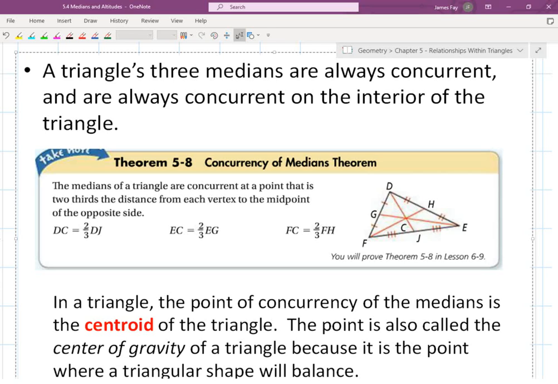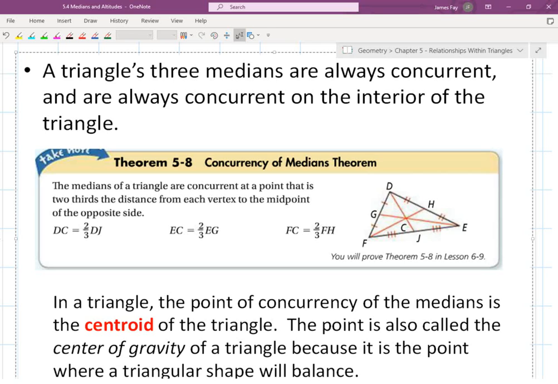So if I were to ask you to take your desktop and give you a jigsaw and ask you to cut a triangle out of your desktop, okay? Any triangle you want. And then I ask you to balance that triangle on the tip of a needle. You would have to place that needle at the centroid of your triangle.